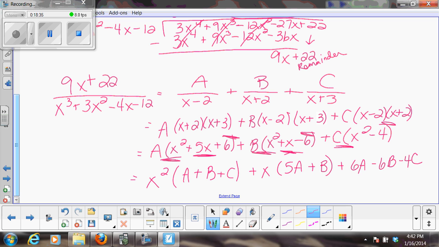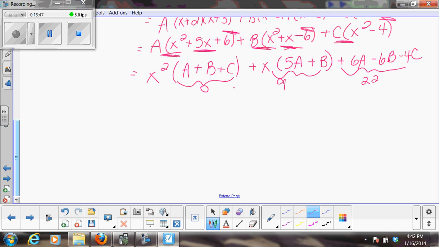Okay, so this is going to equal 0 because there's no x squared in the numerator. This is going to equal 9. This is going to equal 22. So the system would look like this.